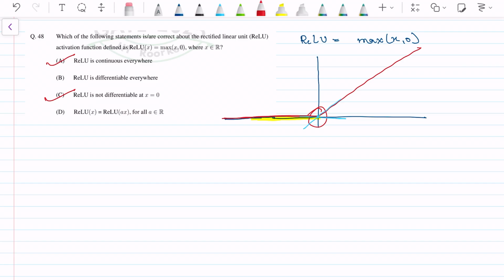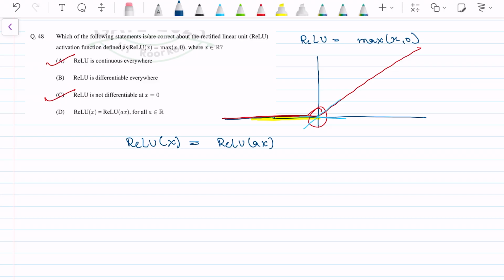Now we look at option D, which says that ReLU of x is equal to ReLU of ax. Okay, so let's look at this now. We have to either prove that this is the case for all real numbers or that it's not.